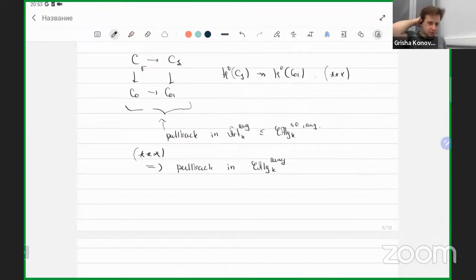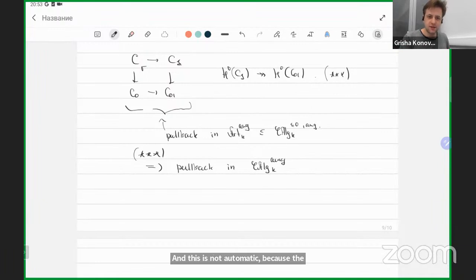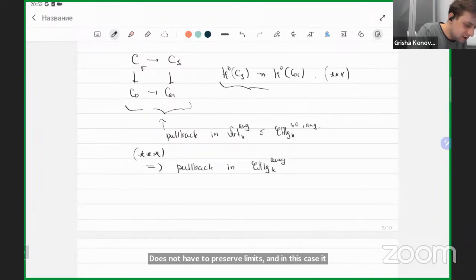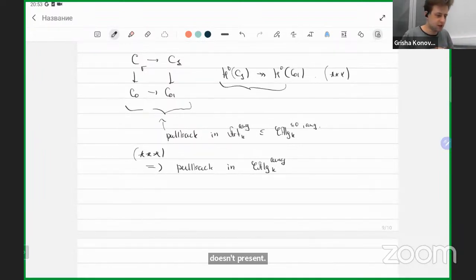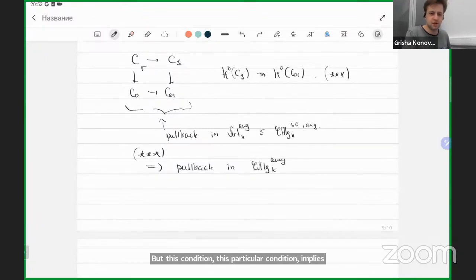And this is not automatic, because the functor which embeds the connective subcategory into the whole category does not have to preserve limits. And in this case, it doesn't preserve limits. But this particular condition implies that we can compute the limit either in the connective category or in the whole category, and the result is going to be the same.